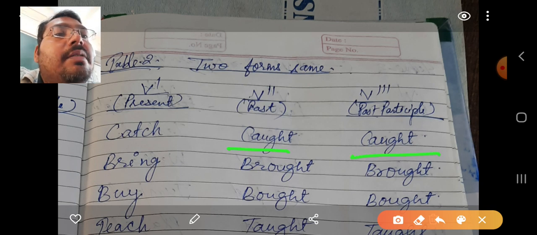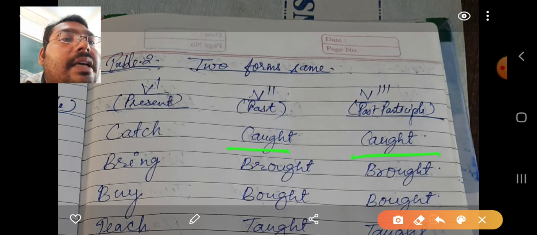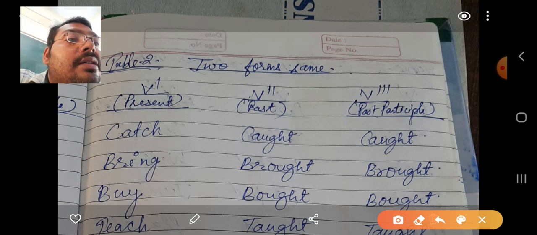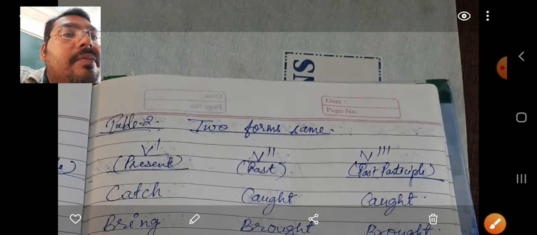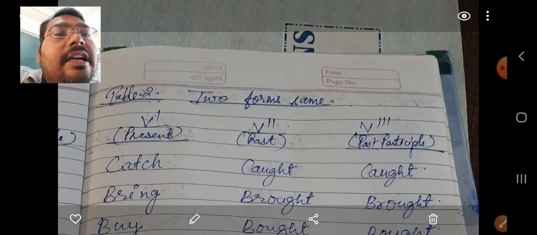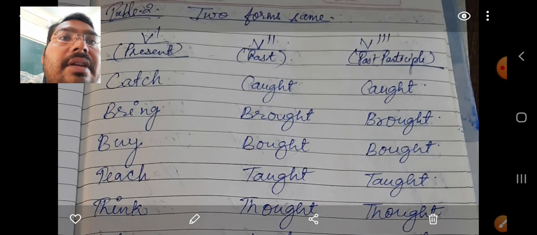If you know the second form, the third form already comes, because these two forms are the same. Catch, caught, bring, brought, buy, bought. If you know the second form, the third form automatically comes. So it is very easy to learn. We only need to keep in mind that this is a verb that comes in table number 2.